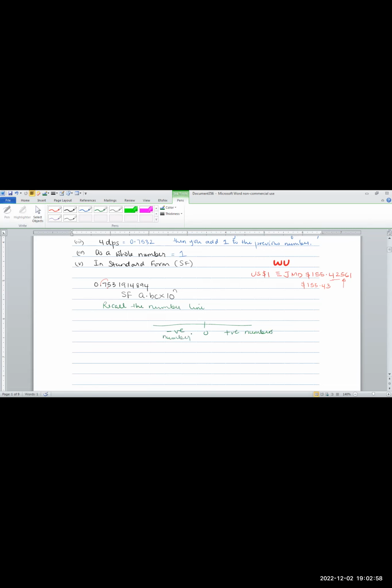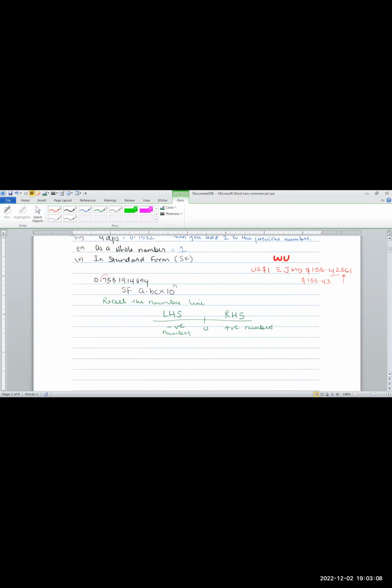On the right-hand side, you have positive numbers, and on the left-hand side, you have negative numbers. So you have the 1, the 2, the 3, the 4, over here you have the -1, the -2. All right, good. Watch me now.